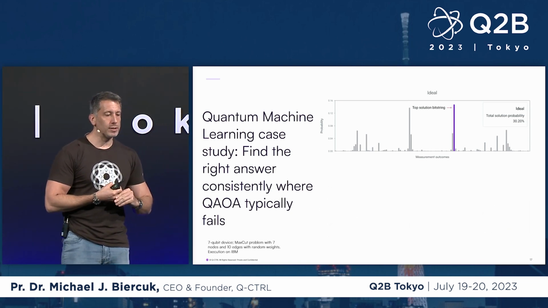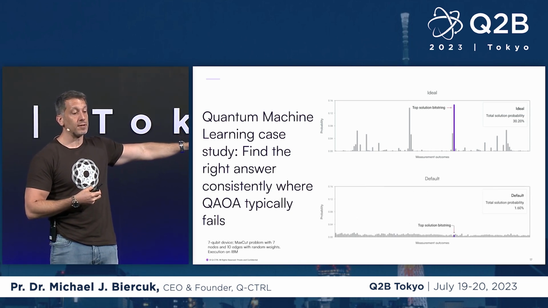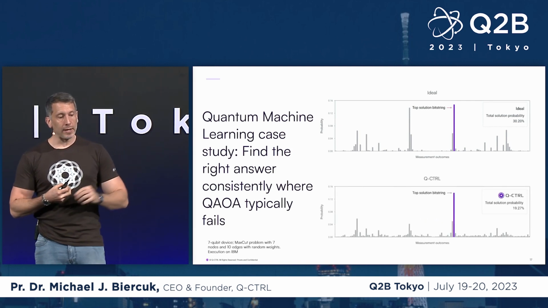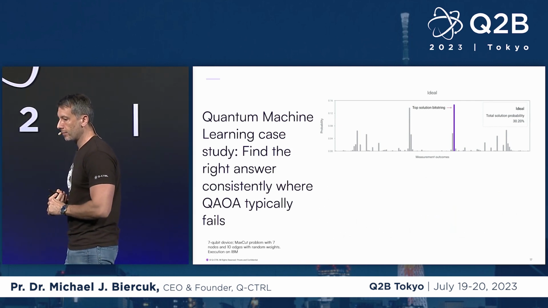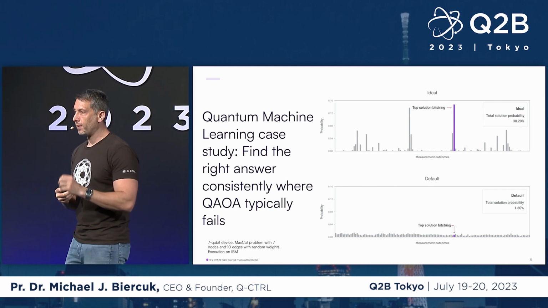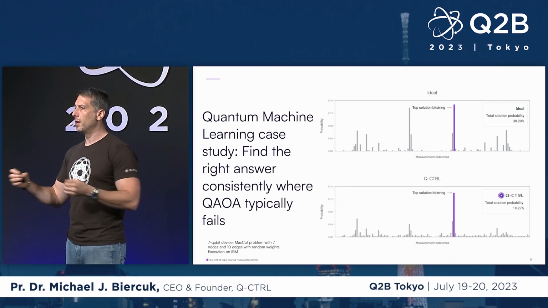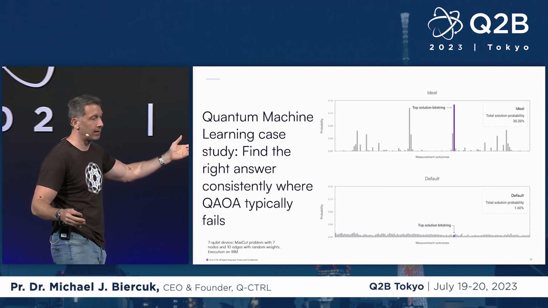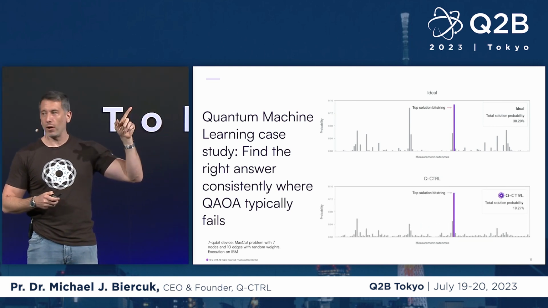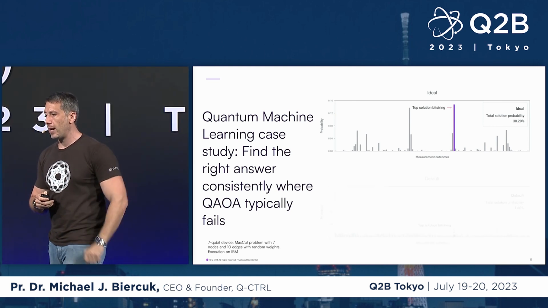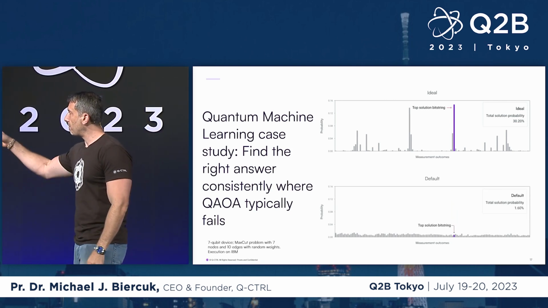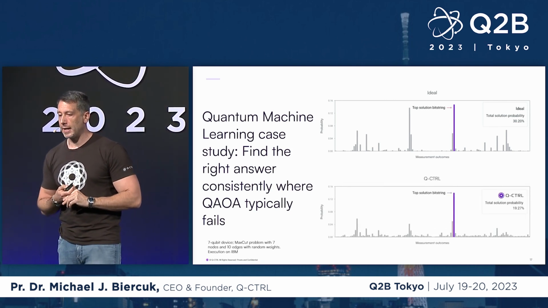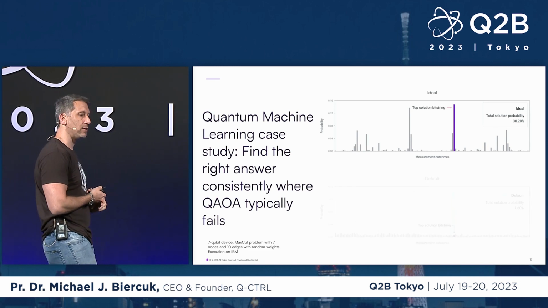On the bottom, what you see alternating is between right now the default and what you get with Q-CTRL. When you run the default, you get random outputs. You get a uniform distribution across all the different possibilities, as you see right here. But adding that one line of code, solve.qaoa, changes that random output into the right answer. No configuration, no settings.